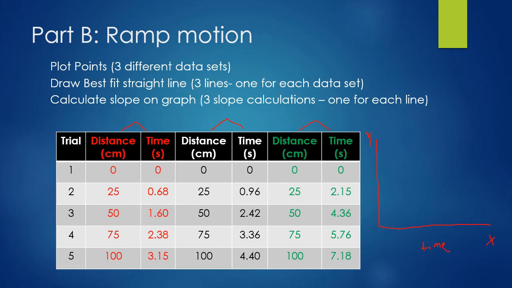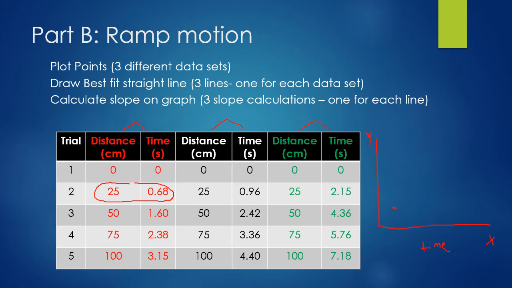All of these 3 straight lines that you're going to plot are going to start at the origin. For the first data point, you are going to go 25 centimeters along the x-axis. You will follow it over to the 0.68 second on the y, and you will plot a point. So you will only have 4 data points, not including the origin, for each of these lines.